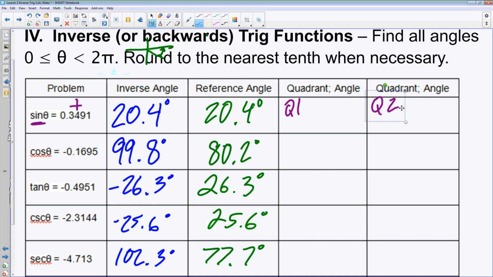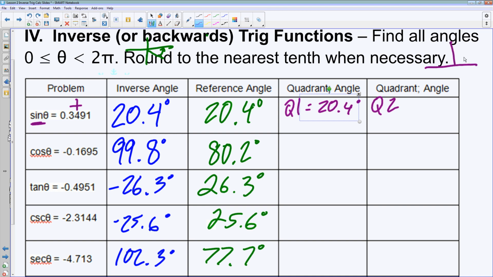Now let's think about the angle. Your inverse angle that you got, 20.4, actually is in quadrant 1. So that is the angle for that particular quadrant. Now, in quadrant 2, what would this angle be? Well, think about where quadrant 2 is.